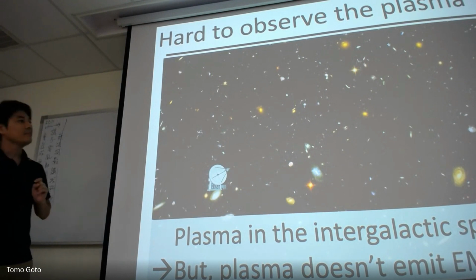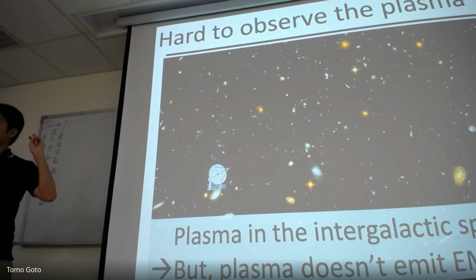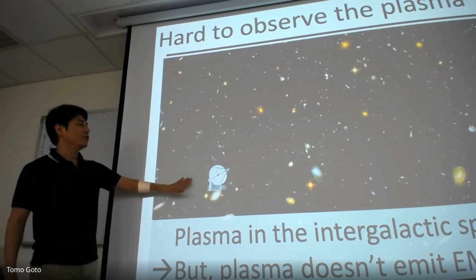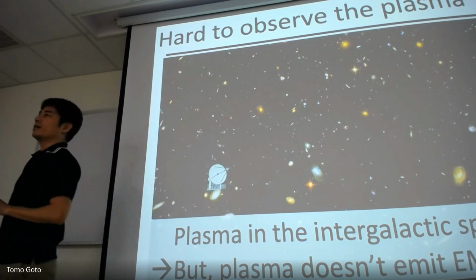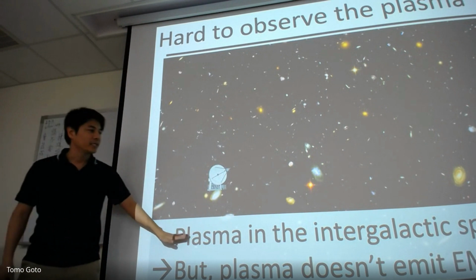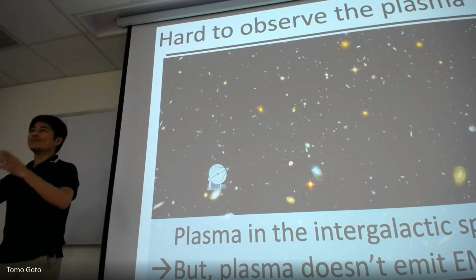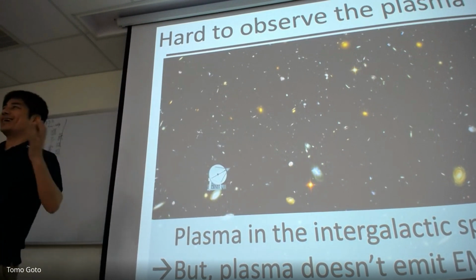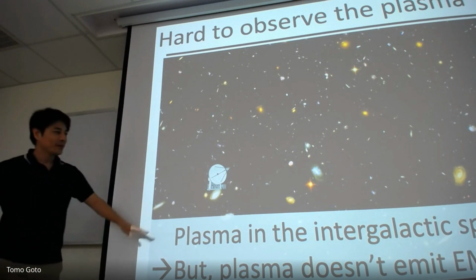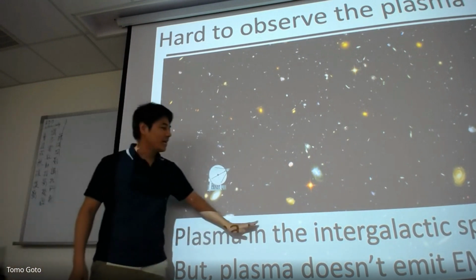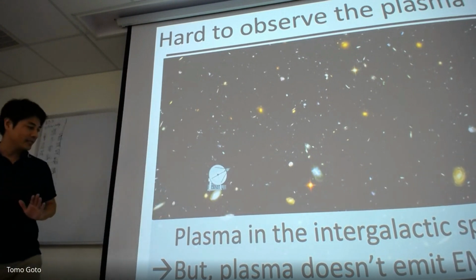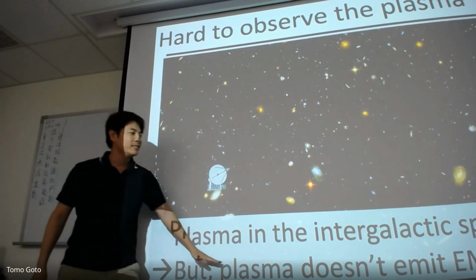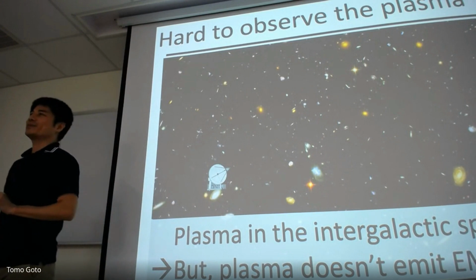And then the expectation is that there are lots of baryons in the form of plasma in intergalactic space. Plasma is ionized material. We expect that there is so much plasma in intergalactic space. But the problem is that plasma doesn't emit electromagnetic waves.